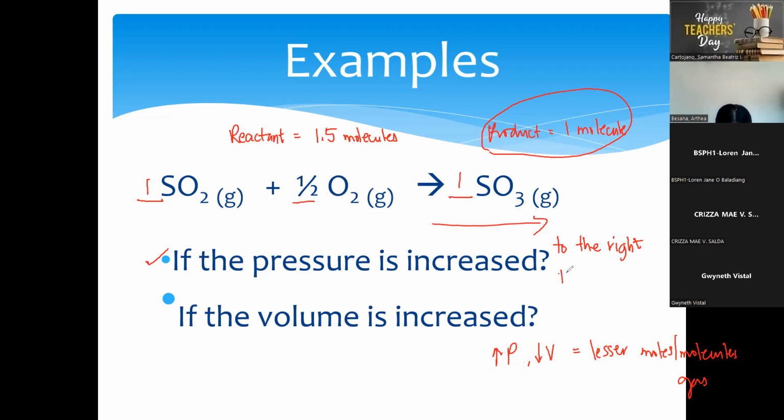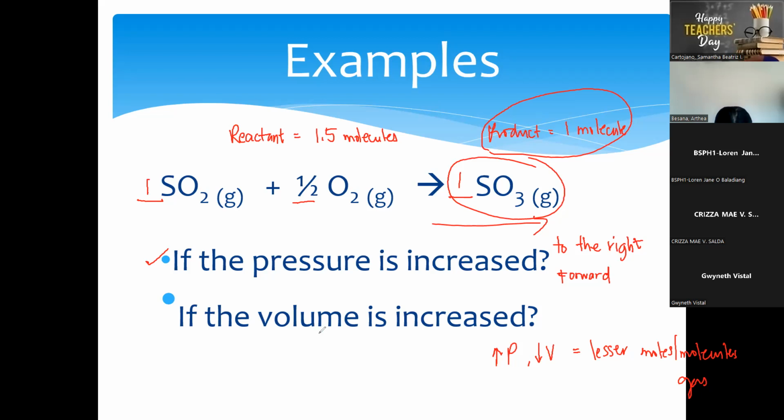Okay? Or you can answer forward. Meaning mas marami, class, yung magre-react na reactant and maraming ganito yung mabubuo in the system. That's how it will get rid of the increase in pressure.